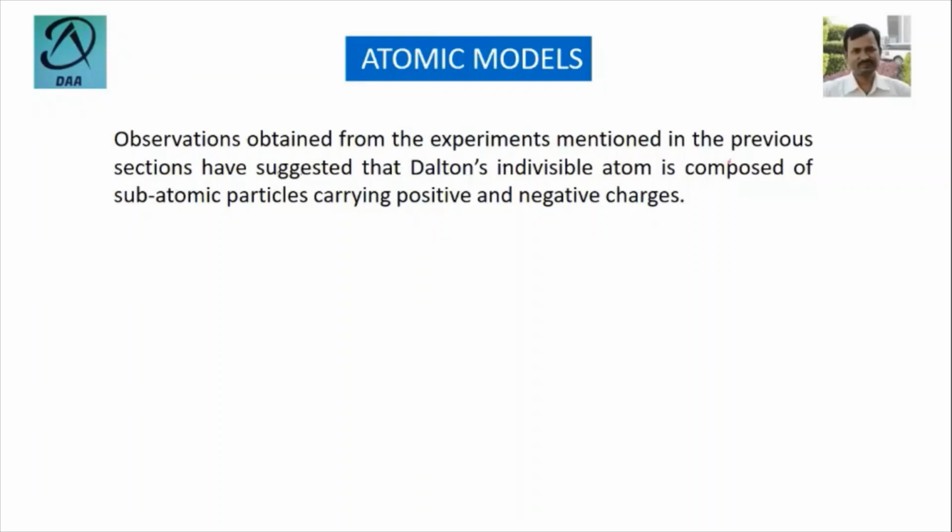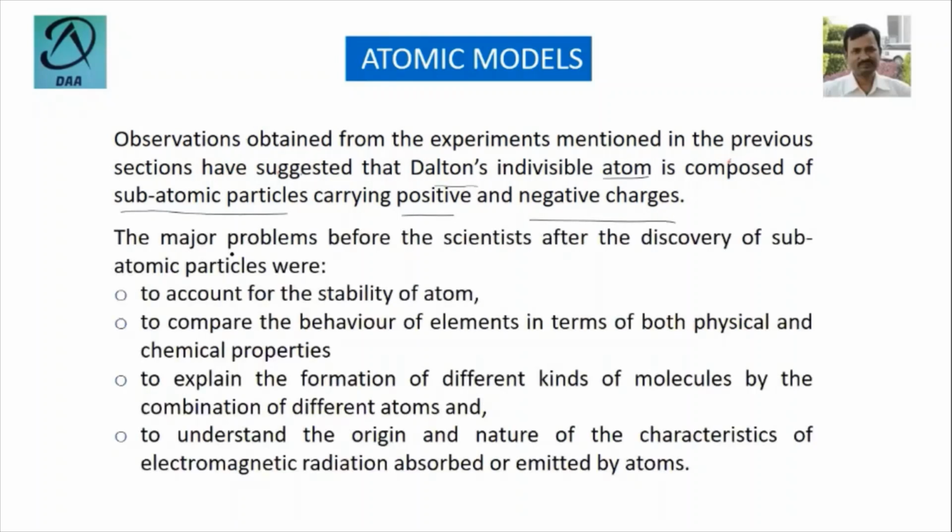Now we'll discuss the atomic model. We got a lot of observations from the previous experiments. First we found that in Dalton's atomic theory, the atom has some atomic particles carrying both positive and negative charges. After the discovery of the electron, proton and neutron, the major problem is how to account for the stability of the atom.